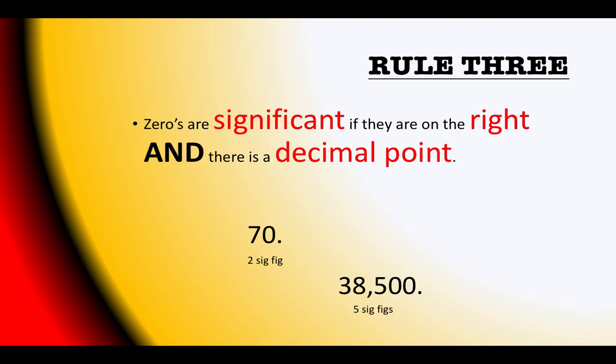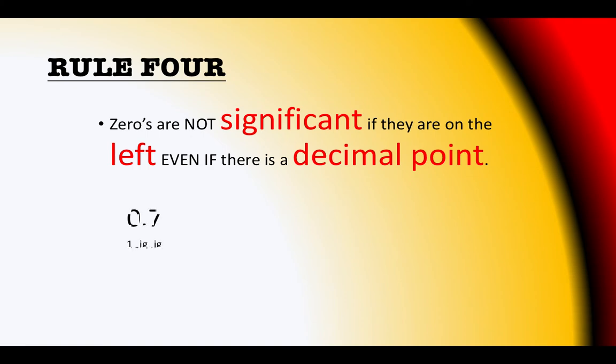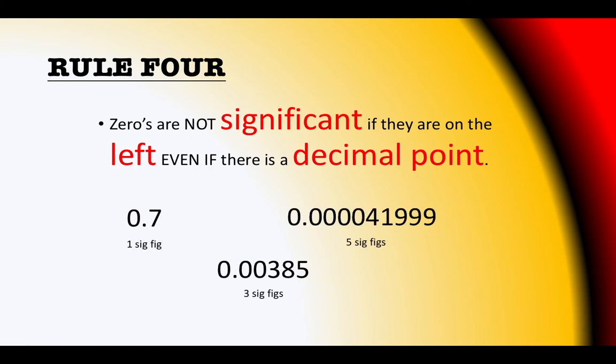So if there are zeros on the back of the number and there's a decimal point, then zeros that string out here and indicate a value less than 1 are significant. That should have been an example that I gave you. Okay, we went through this one. So Rule 4.